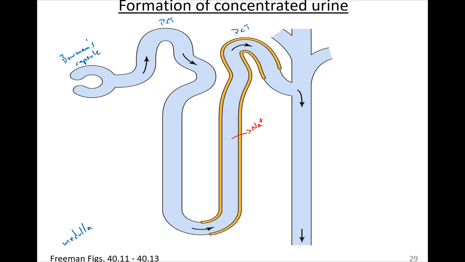So active transport of sodium against a concentration gradient, and then that's followed by transport of chloride. And so you can think about what that active transport does to the concentration of water, or the osmolarity of the fluid in the tubule, and then what gradients that would set up for osmosis.